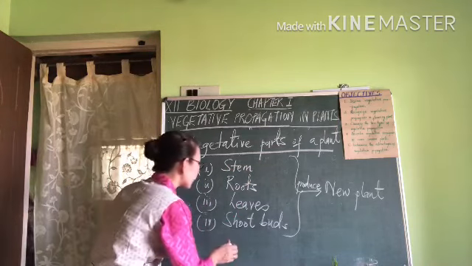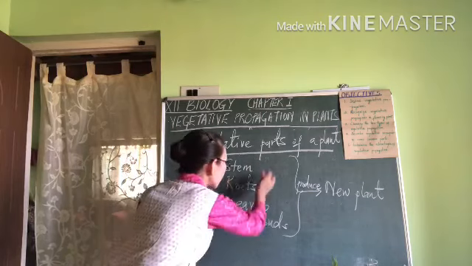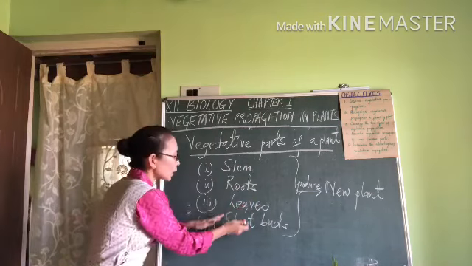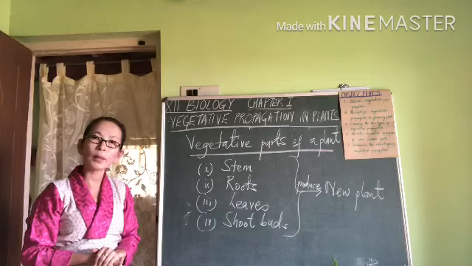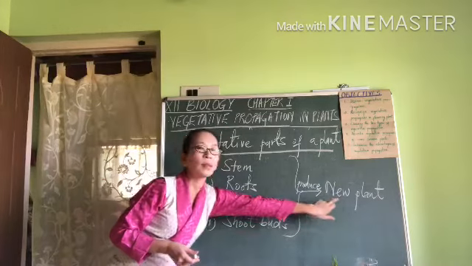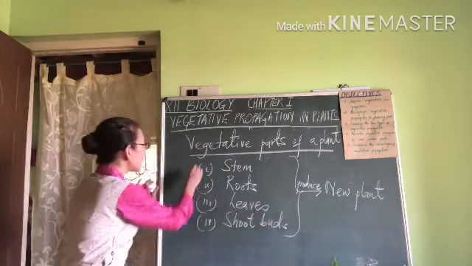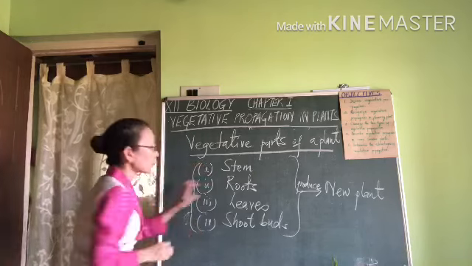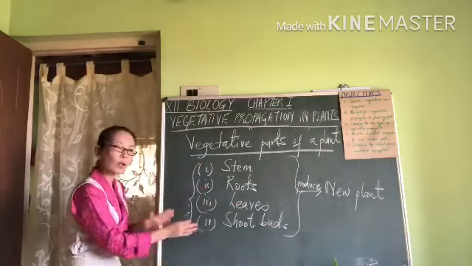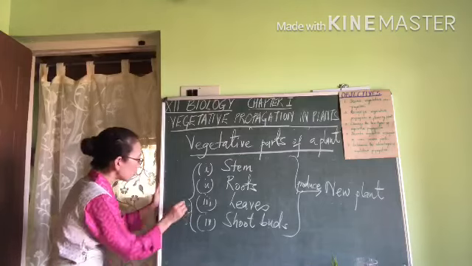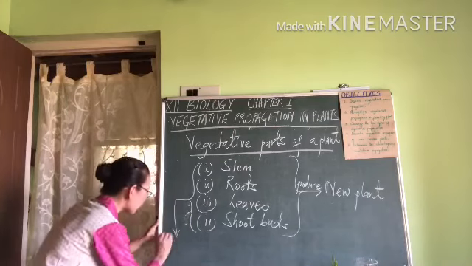Okay, so we have a technical term to refer to any of the vegetative parts of a plant which can generate a new plant. So these parts which can generate a new plant can be collectively called vegetative propagules. I'm going to be writing it down here.